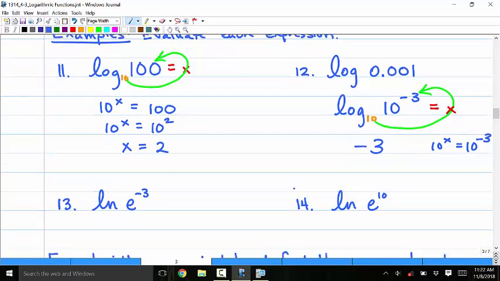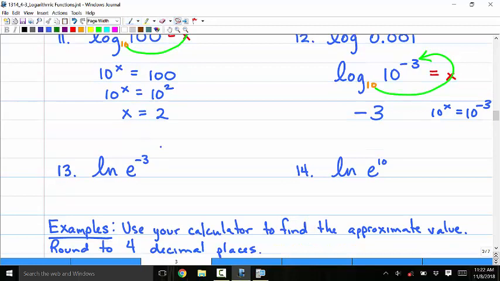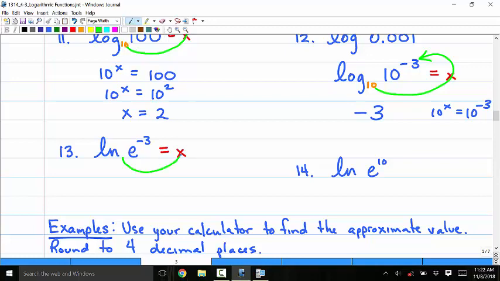All right, number 13. What base is natural log? e. So I'm going to say e to the x is equal to e to the -3. It's bad notation to put an e there, but that's base e. Ugh, I cringe. Okay, e to the x equals e to the -3.